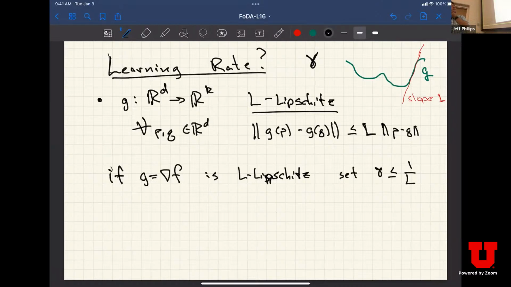So if L is small, the slope is small, then 1 over L is large, and we can set the learning rate to be larger. We can take larger steps, right?